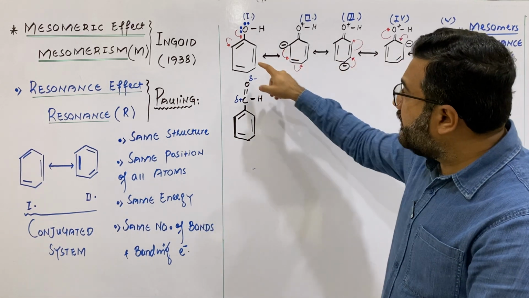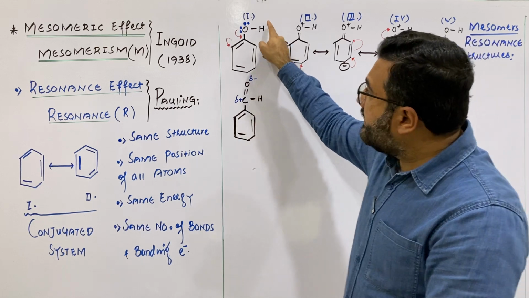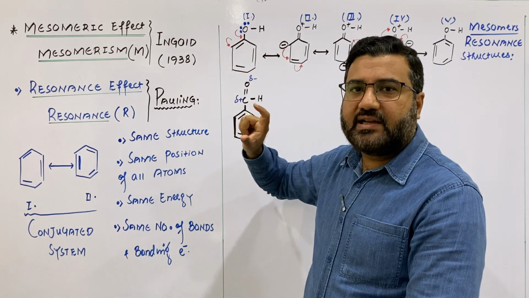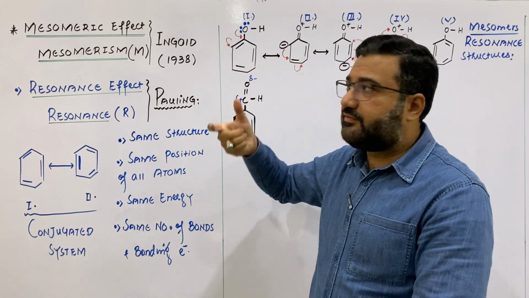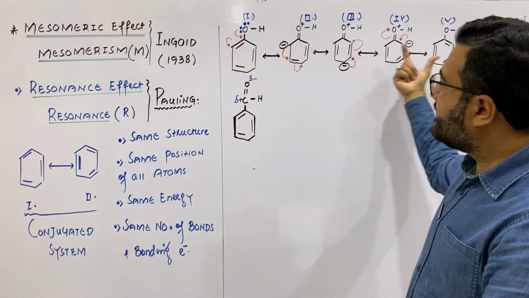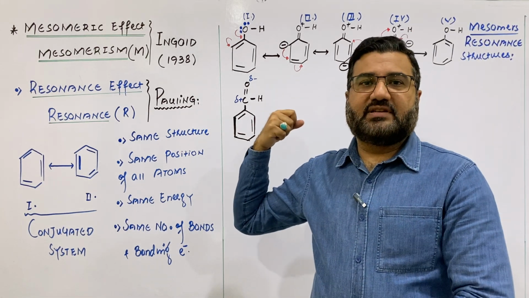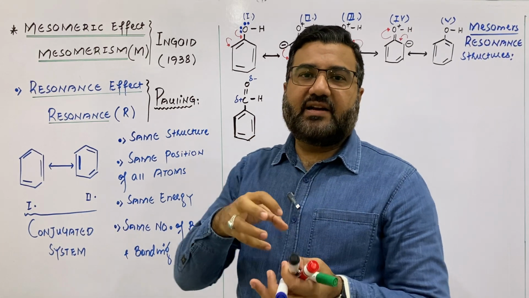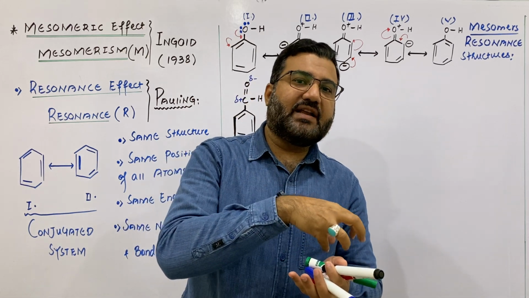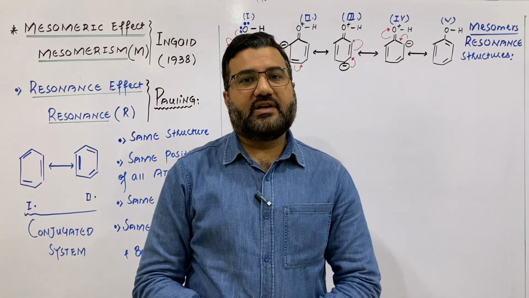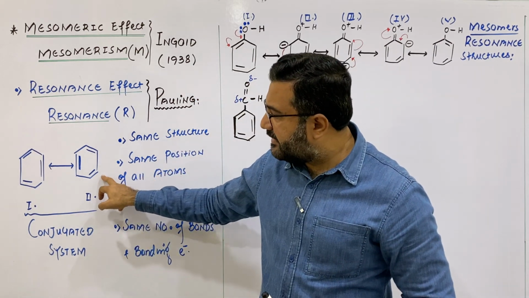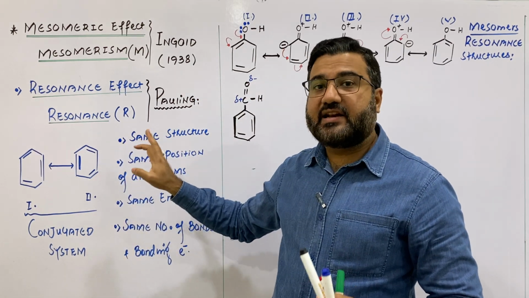But if a conjugated system or a molecule is attached to some functional group, and due to the electron donating or electron withdrawing property of that functional group, different structures arise, then that is called mesomerism. For mesomerism, it is necessary that there must be some functional group attached to the conjugated system. But if there is no functional group attached to the conjugated system, that will be called resonance.